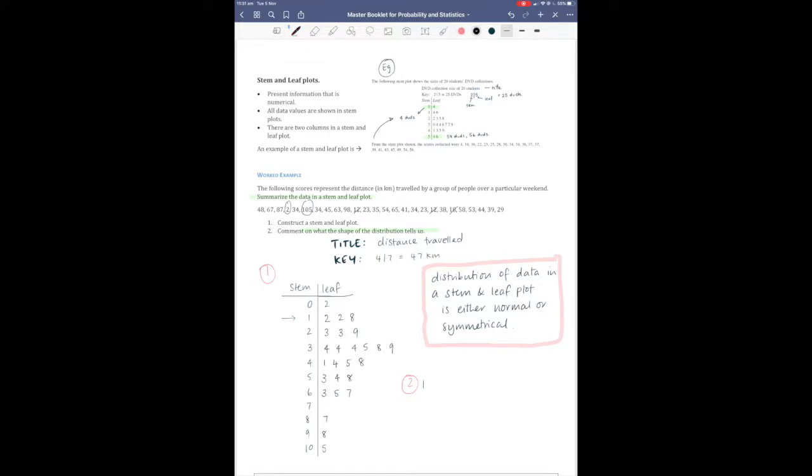that the distribution is not symmetrical.